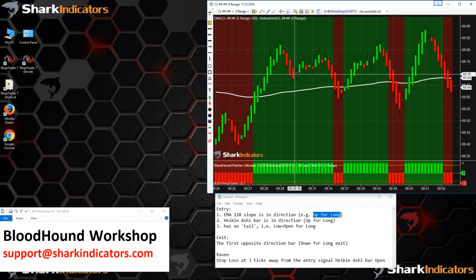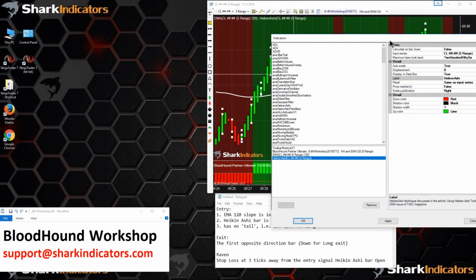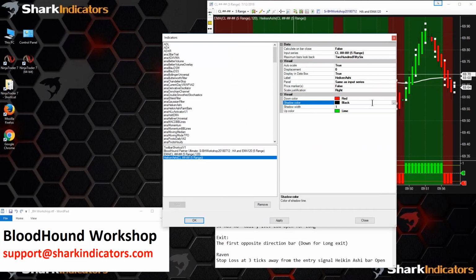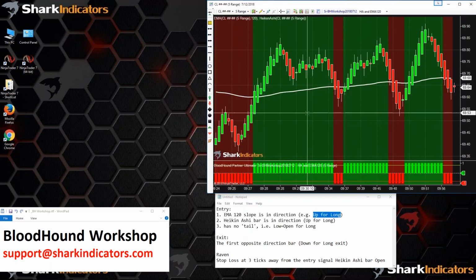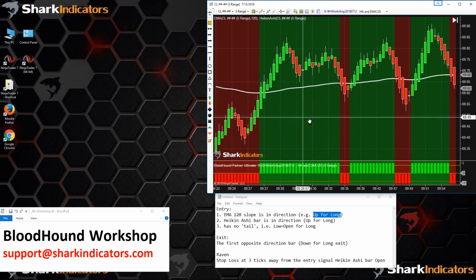And all right, good enough. Actually, let's see here. Since I'm working with a black chart, let's change the wick color there.